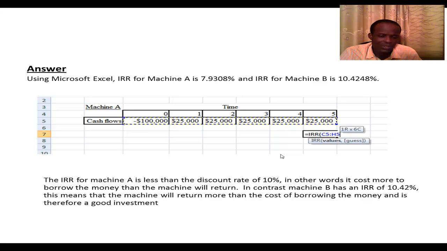Excel has inbuilt functions, and IRR is one of them.